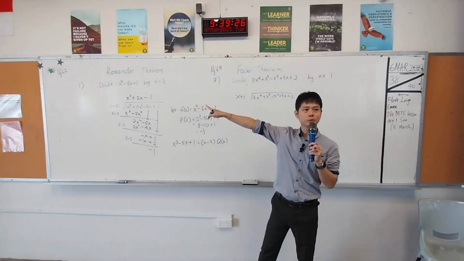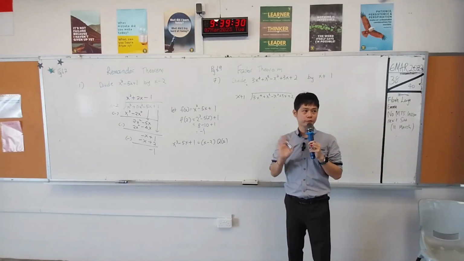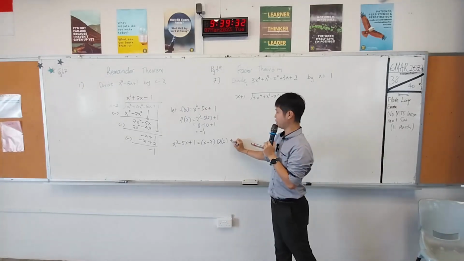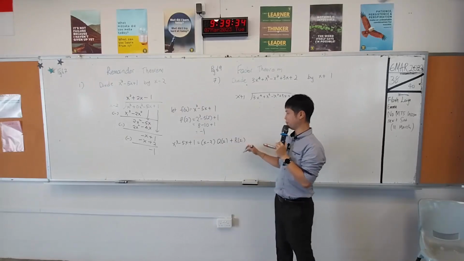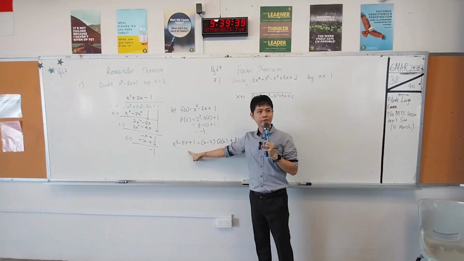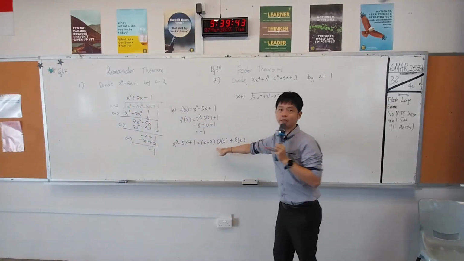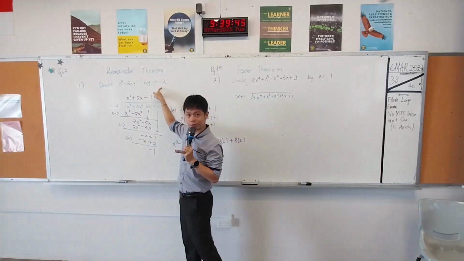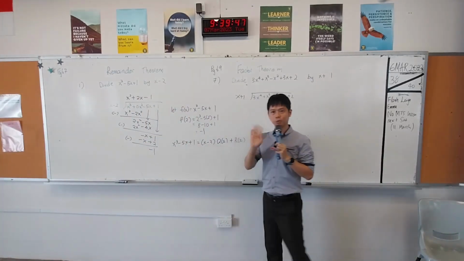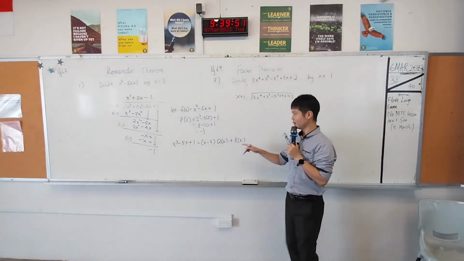I know the quotient is x squared plus 2x minus 1, but that's not important because I don't want to do long division. I put the remainder here. I know the dividend and the divisor from the question. I do not need to know the quotient. I can find the remainder straight away.